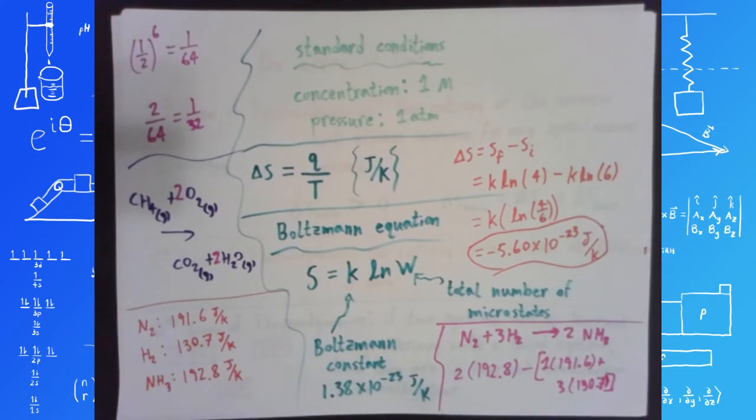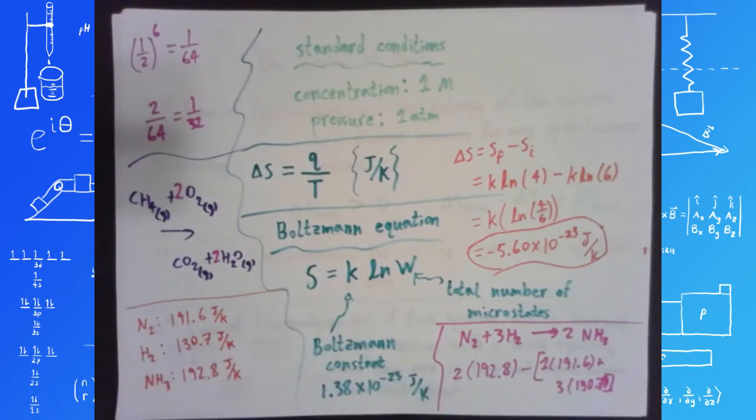So 191.6 plus 3 times 130.7 is 583.7, and then 2 times 192.8 is 385.6. So 385.6 minus 583.7 is negative 198.1.